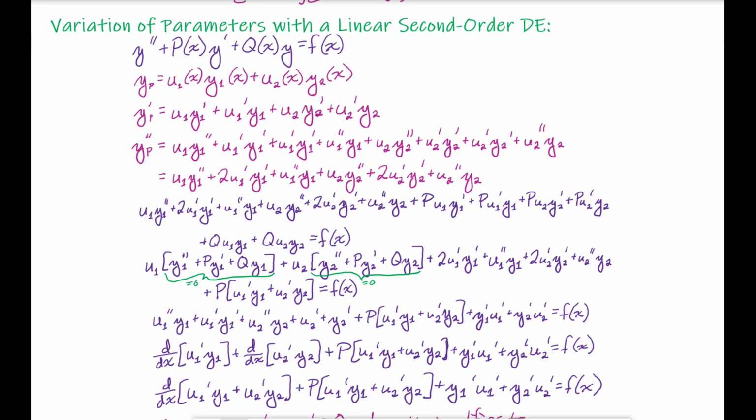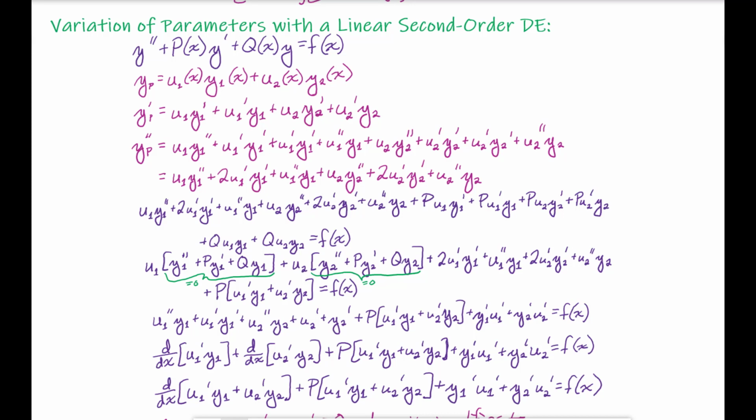Now, rearranging stuff a little bit, I can recognize this as the product rule having been applied a couple of times, namely to u1 prime y1 and to u2 prime y2. So what I really have here in this sum is the derivative of u1 prime y1 plus the derivative of u2 prime y2 plus p times the quantity u1 prime y1 plus u2 prime y2, plus y1 prime u1 prime plus y2 prime u2 prime equals f of x.